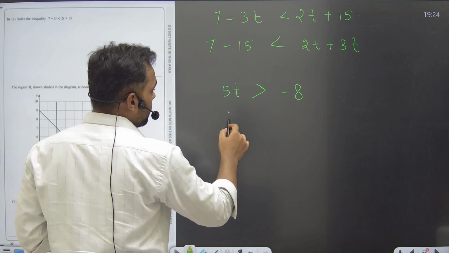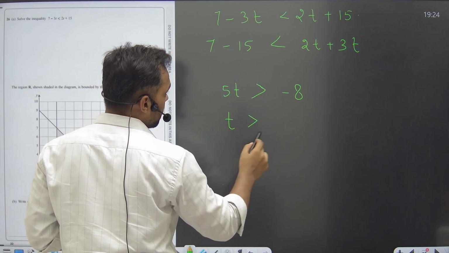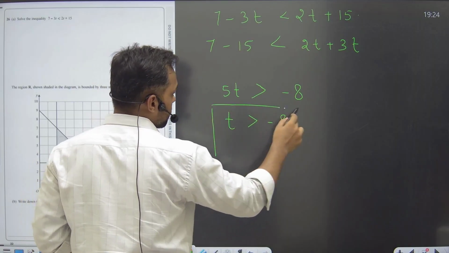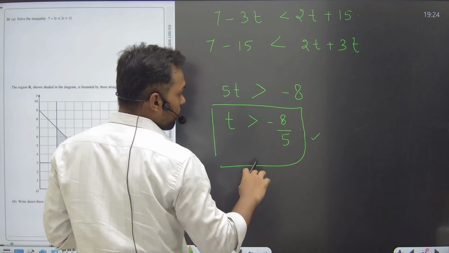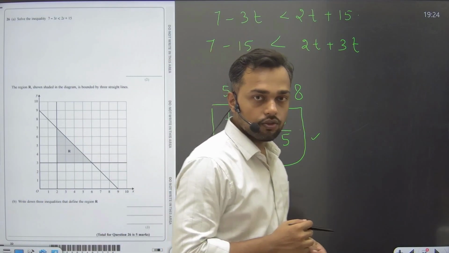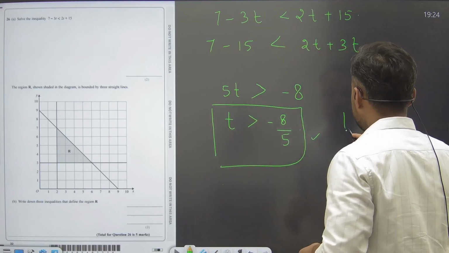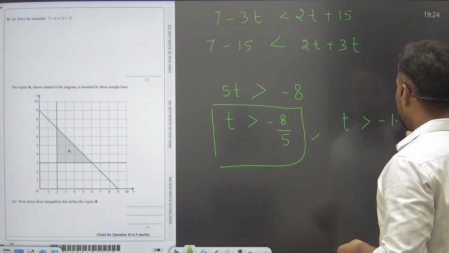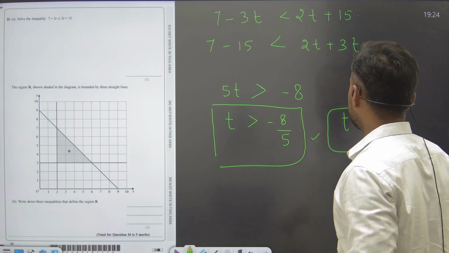Okay, so we can say that t will be greater than negative 8 by 5. This is also correct. And if you want to write in decimal format, it will also be correct. It will be t is greater than negative 1.6. This is also correct.